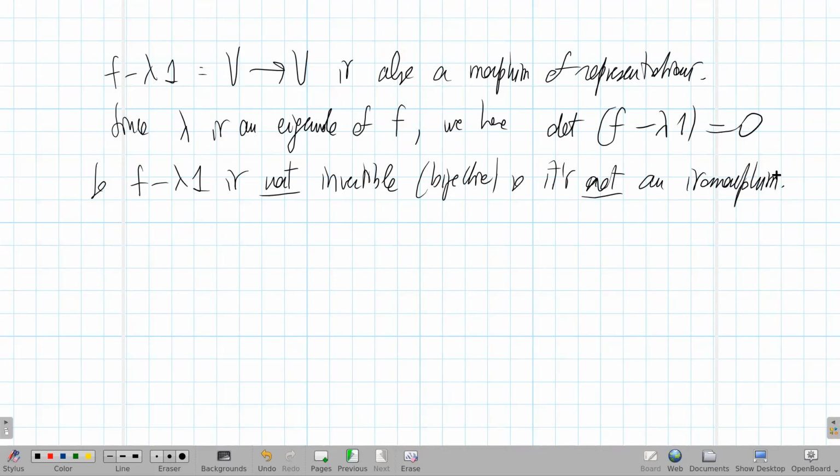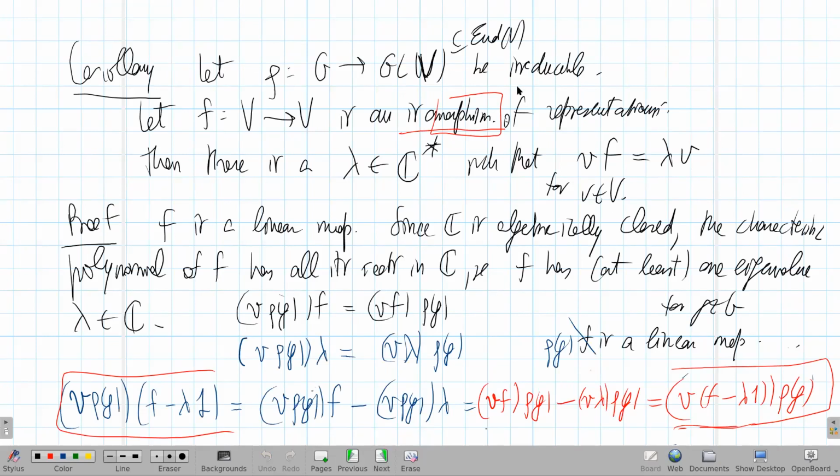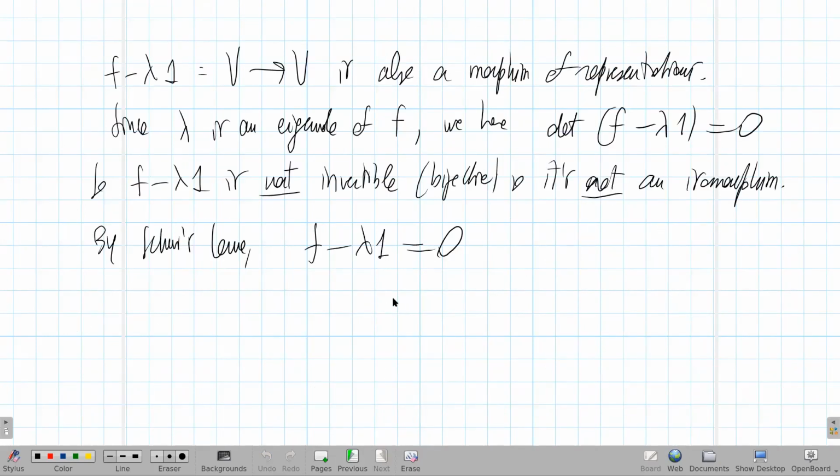And so this means by Schur's lemma, F minus lambda 1 is 0. Because Schur's lemma gives you a very simple alternative. A morphism between irreducible representations, and I trust I had irreducible here, is either 0 or an isomorphism. It's not an isomorphism because the determinant is 0, so it has to be 0.